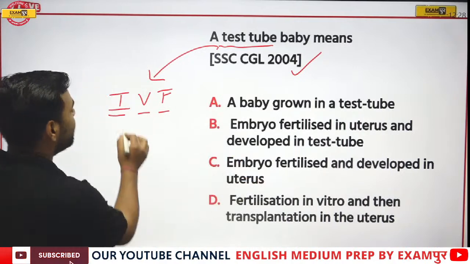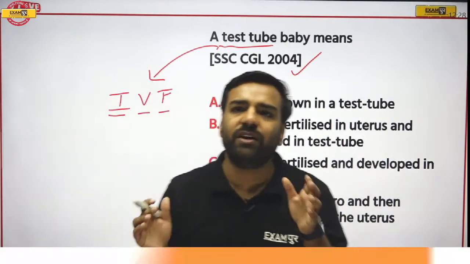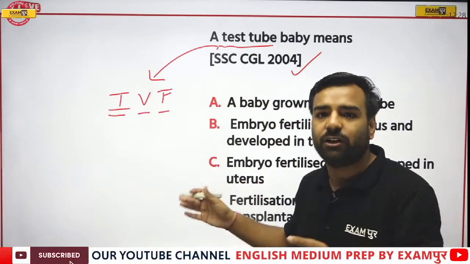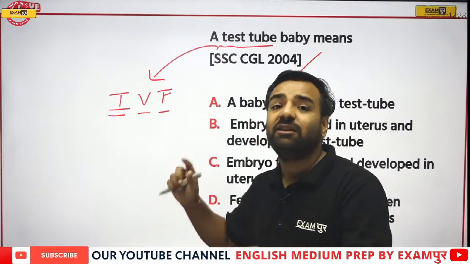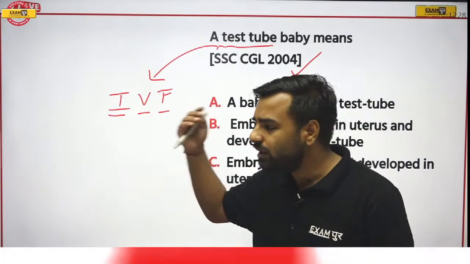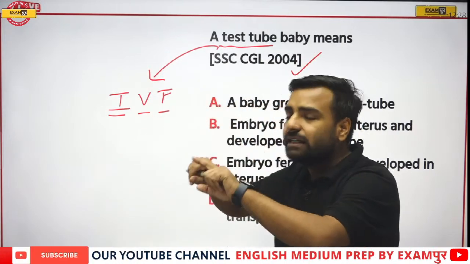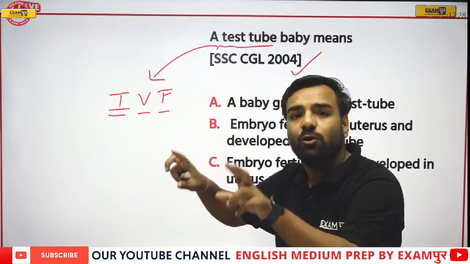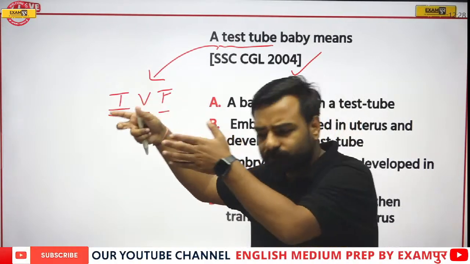The full form is in vitro fertilization. In this condition, fertilization is first done in vitro. Fine. Normally what happens? Fertilization actually takes place in the fallopian tube of the female, where when the sperm enters into the female sex organs, their fertilization takes place in the fallopian tube, where we have egg cell, fine, which is released from that ovum part.